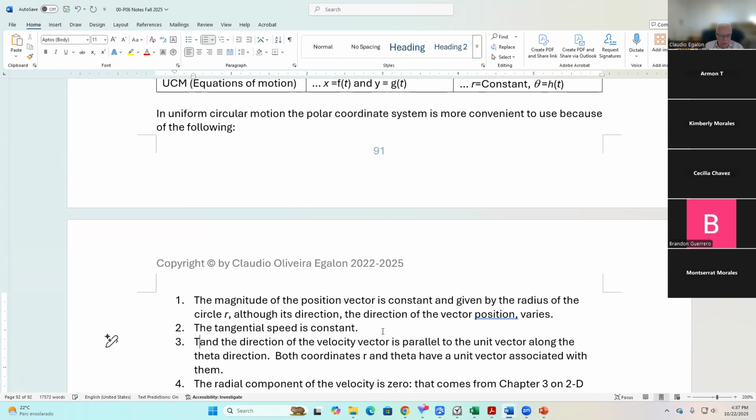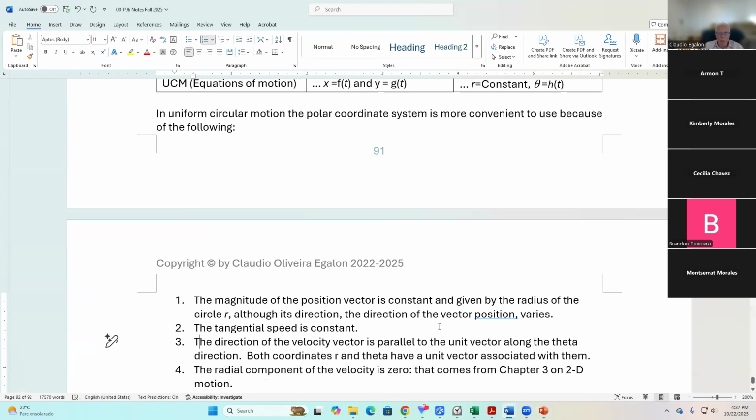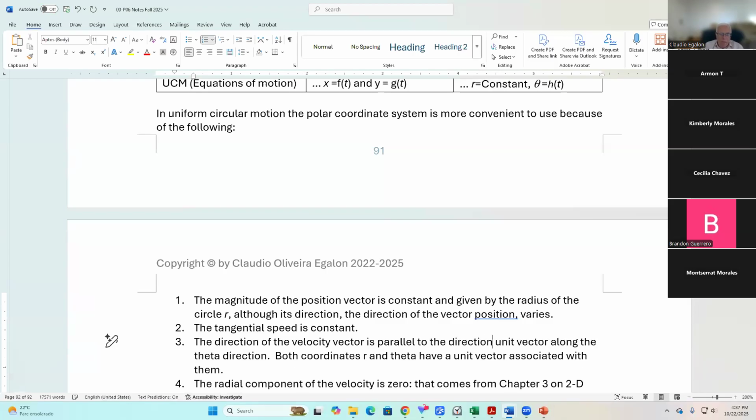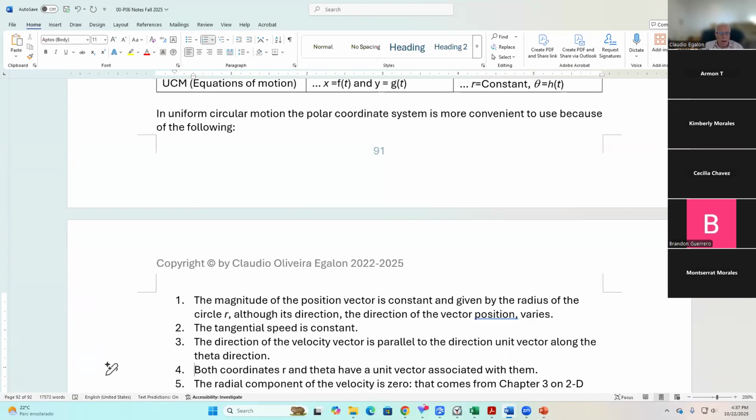The direction of the velocity vector is parallel to the direction of the unit vector along the theta direction. Both coordinates r and theta have a unit vector associated with them.